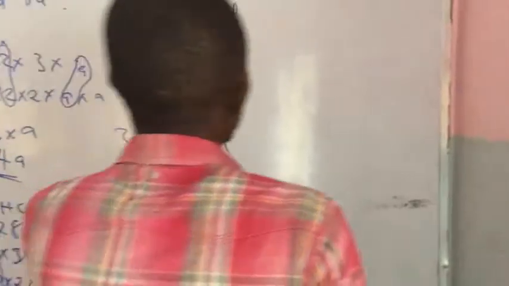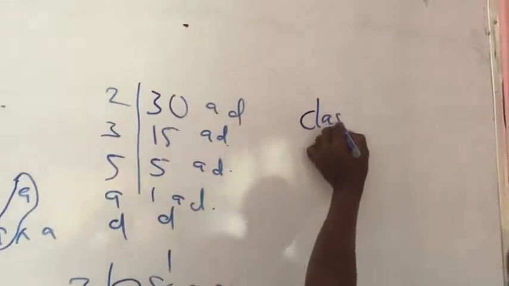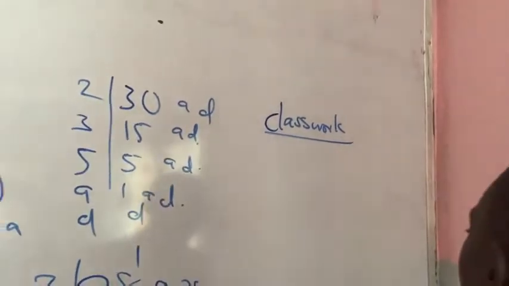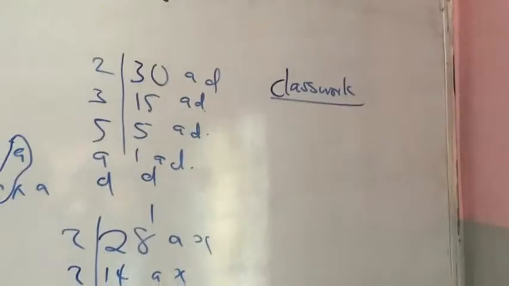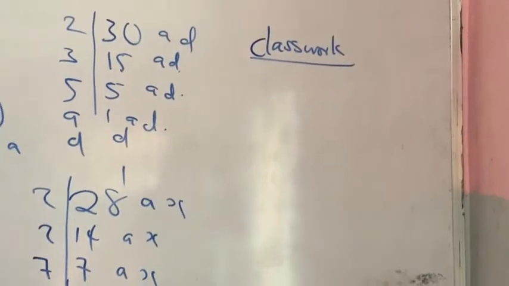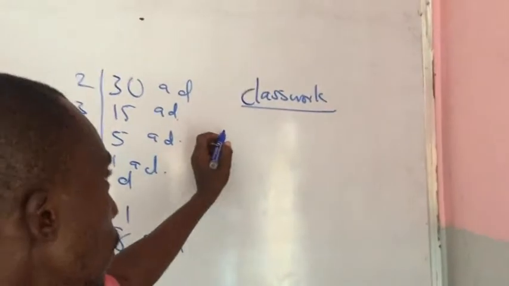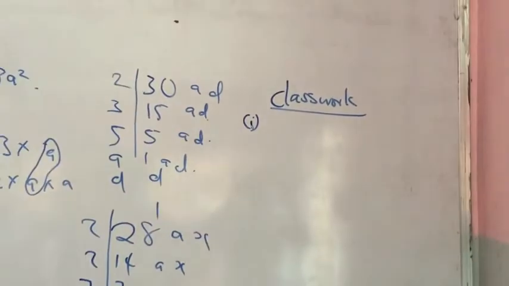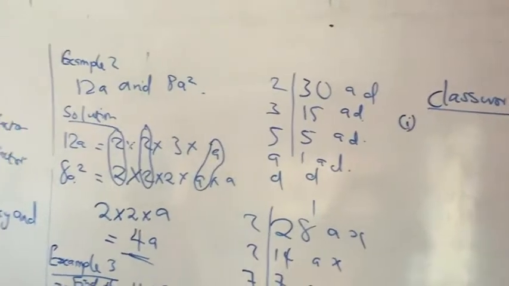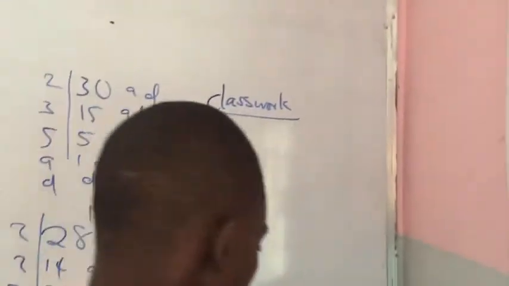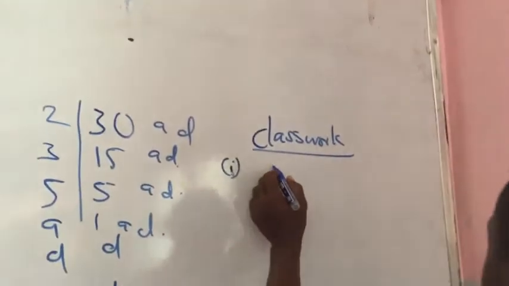So let's try some classwork, which must be submitted on or before the end of today. We are going to give us 3 questions on removing brackets and 4 other questions from common factor. Now let's list out the questions we have to do, and I want us to try them.